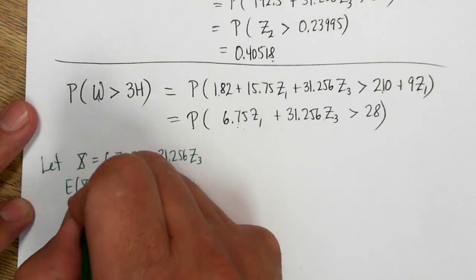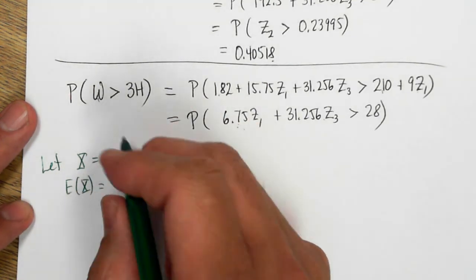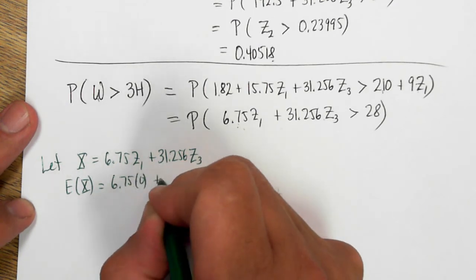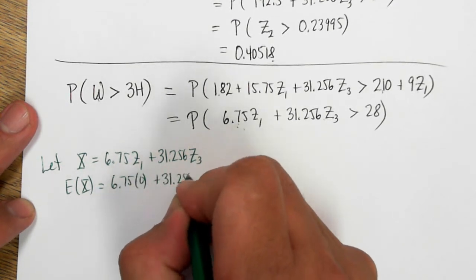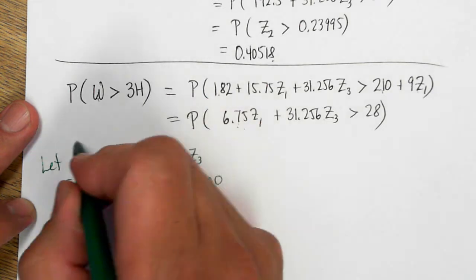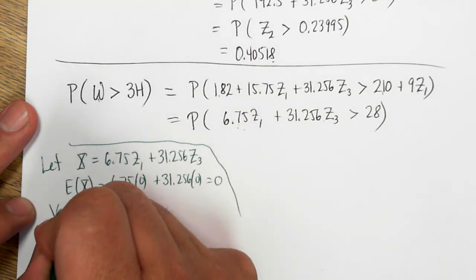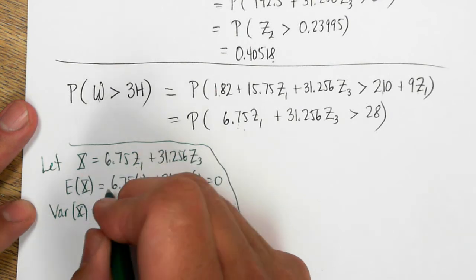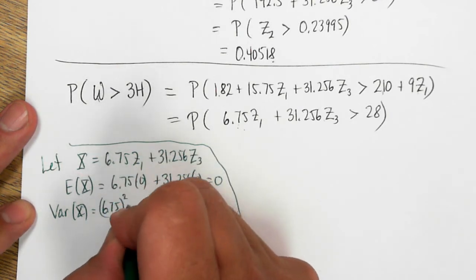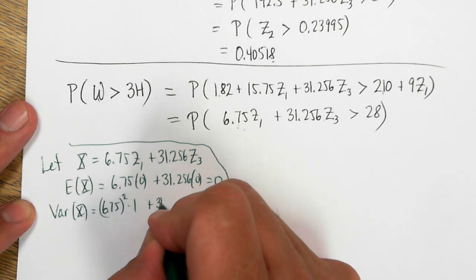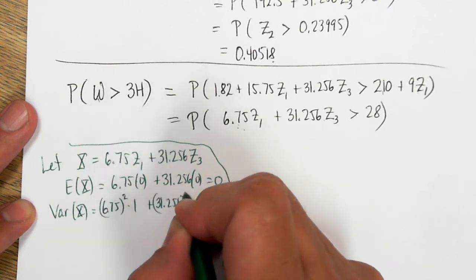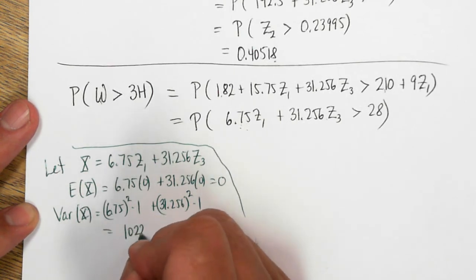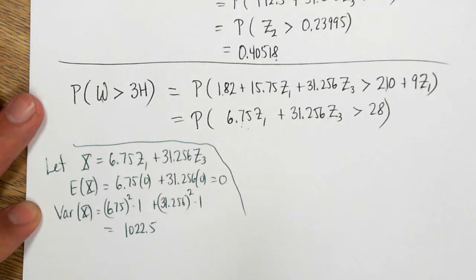Then, by one of my rules, this x will be normal, and its mean is going to be 6.75 times 0 plus 31.256 times 0, so clearly that's 0. And the variance of x will be equal to 6.75 squared times 1 plus 31.256 squared times 1, and that works out to be 1,022.5.